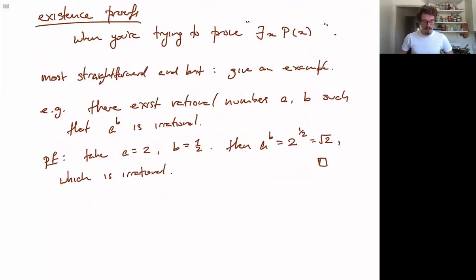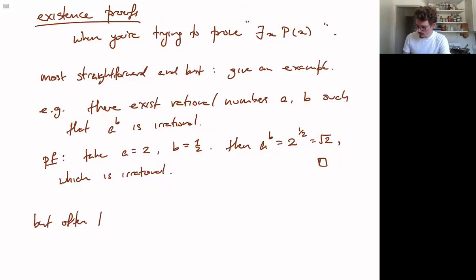Well, but not so easy always, because often coming up with an example is quite difficult. So if you give an existence proof without giving an example, this is called a non-constructive existence proof.